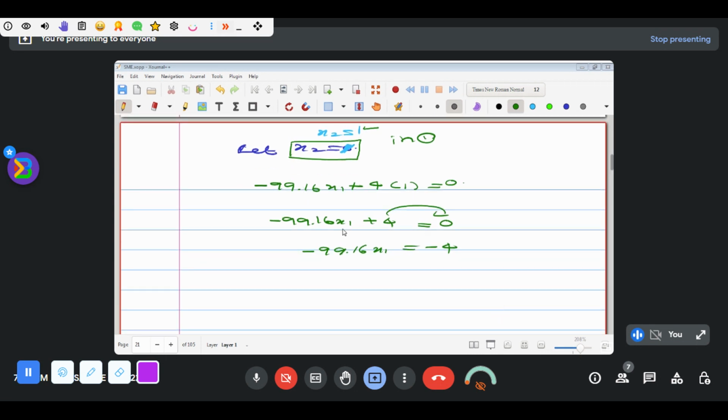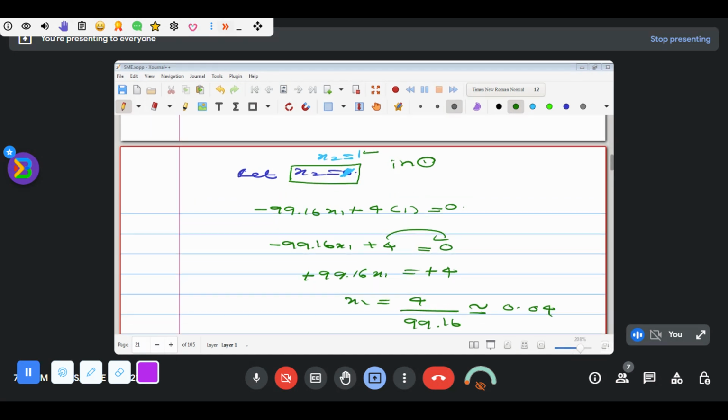Both sides have a negative sign, so they cancel. Then x1 equals 4 divided by 99.16, which is approximately 0.04. Any doubt up to these 3 steps?